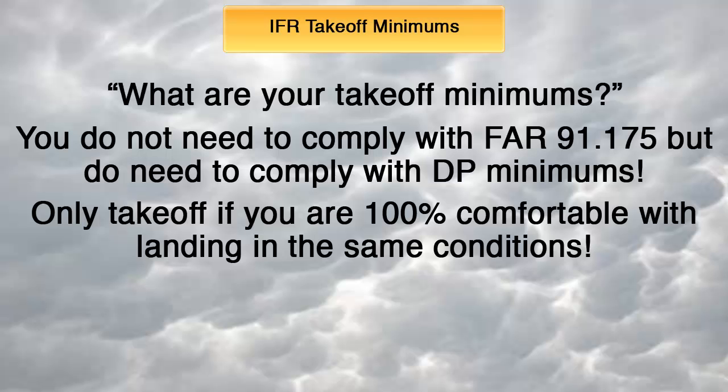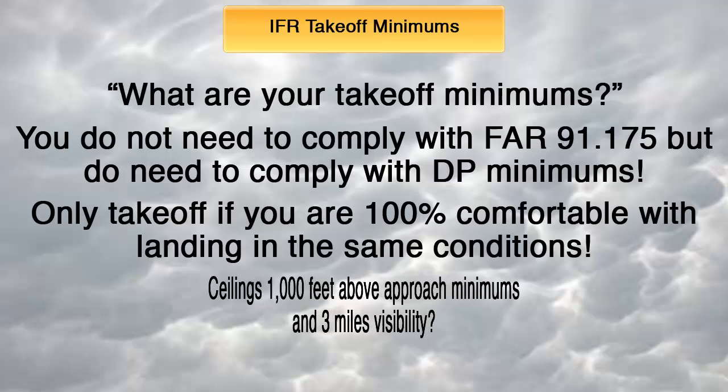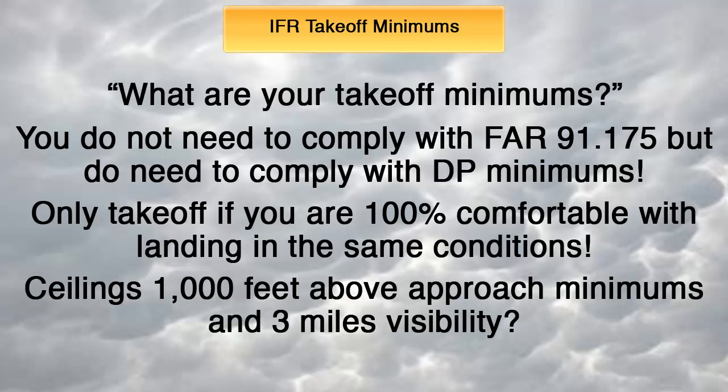A good starting point would be a ceiling of at least 1,000 feet above the decision altitude or minimum descent altitude and 3 miles visibility, and slowly bringing them down with experience. Again, those numbers are something you need to decide for yourself, but they need to be something you are extremely comfortable with. Now for the actual rules.